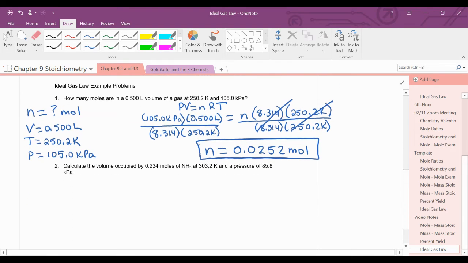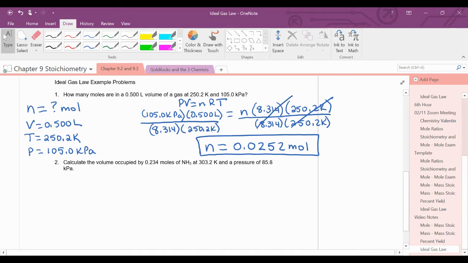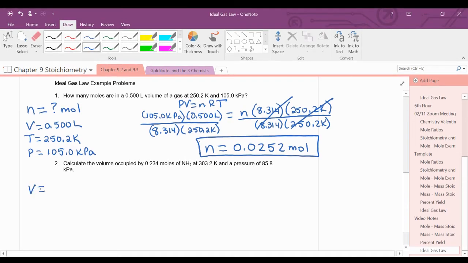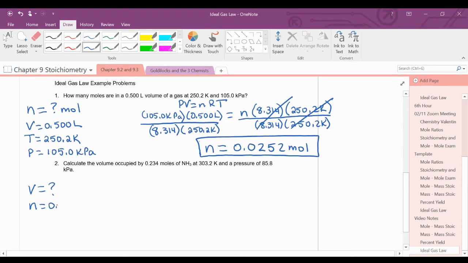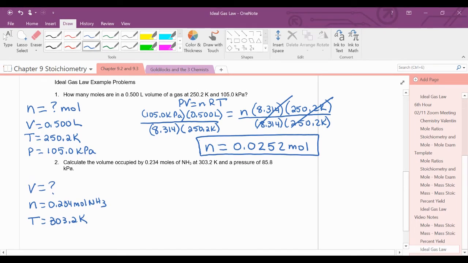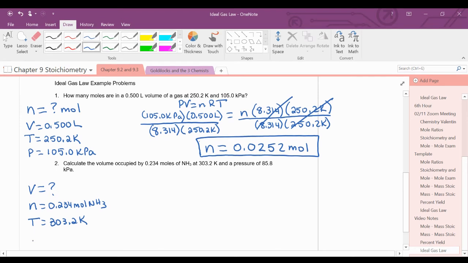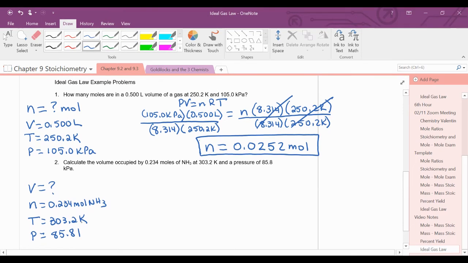We'll do another example. Calculate the volume. So we want to find the volume occupied by 0.234 moles of ammonia. This time we know what gas we're working with. At a temperature of 303.2 Kelvin and a pressure of 85.8 kilopascals.